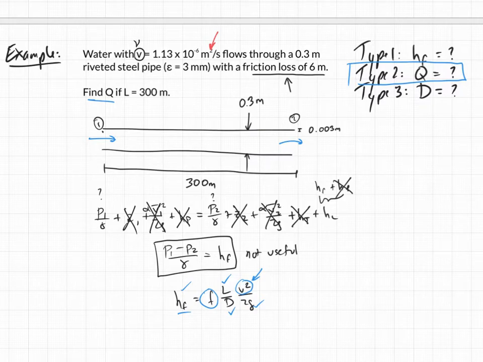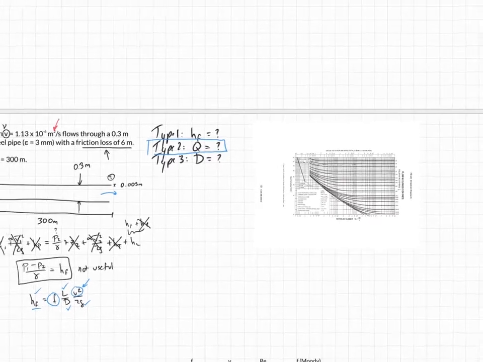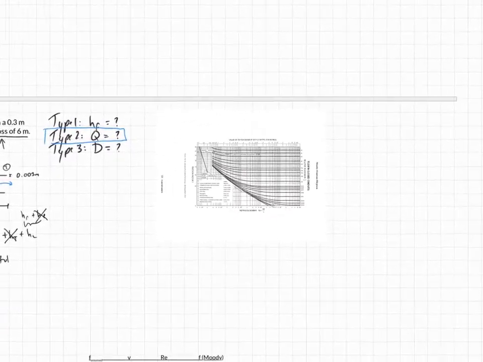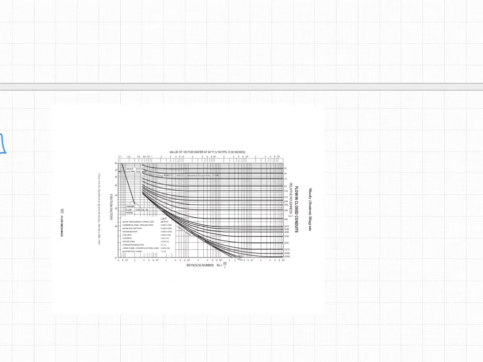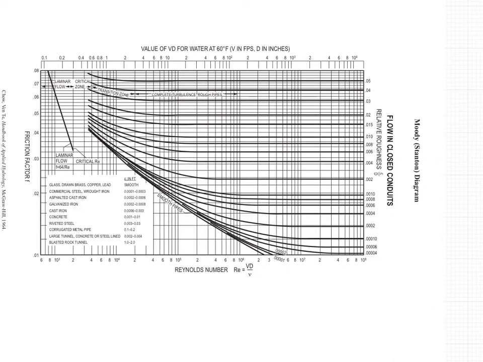So let's zoom over to our little Moody diagram, knowing that all we really need here is F. Let's talk about how we're going to get F based on what we have. Relative roughness. Can we get the relative roughness, epsilon on D?